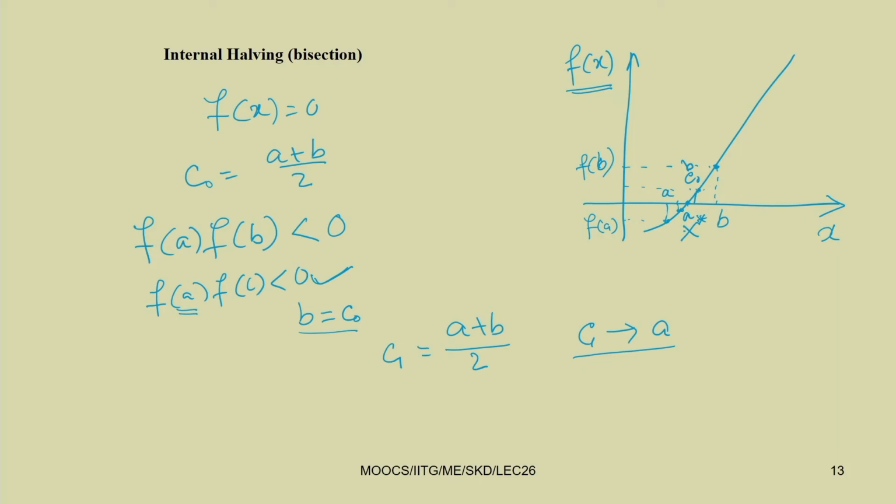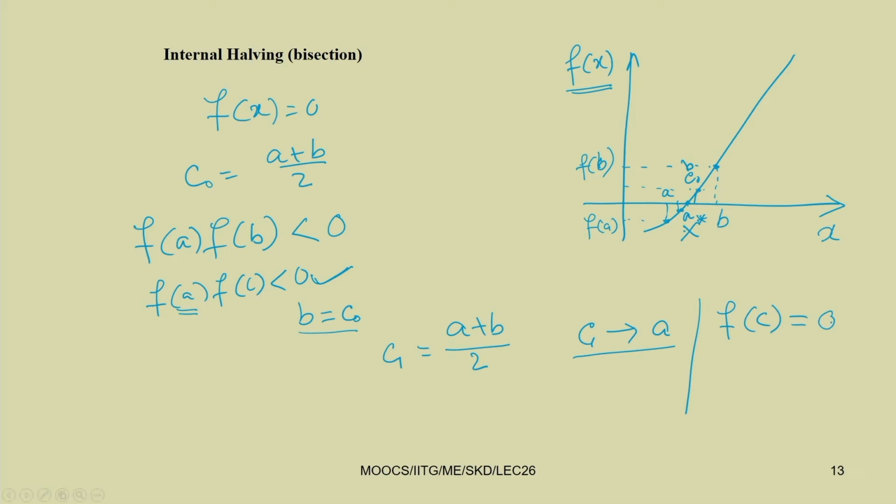So, how to get the convergence? You can find the functional value f. So that x star, the next point C, that you are getting, we have to check f c. If f c equals 0, then we can stop, or within some epsilon limit.